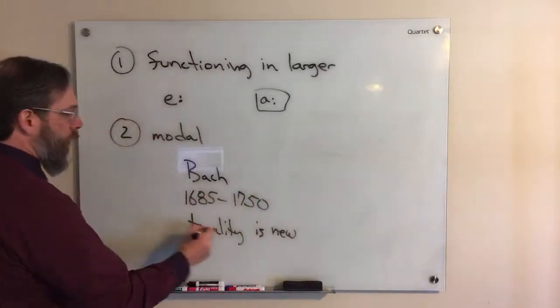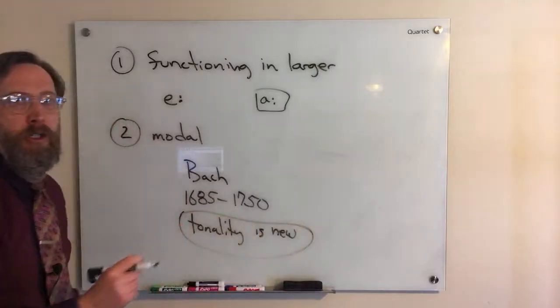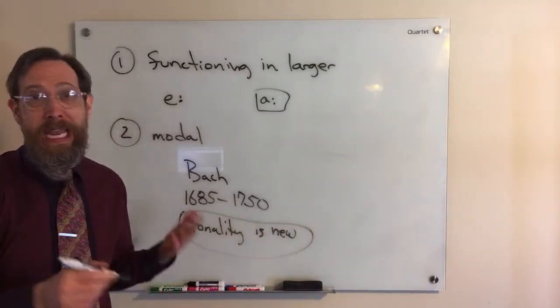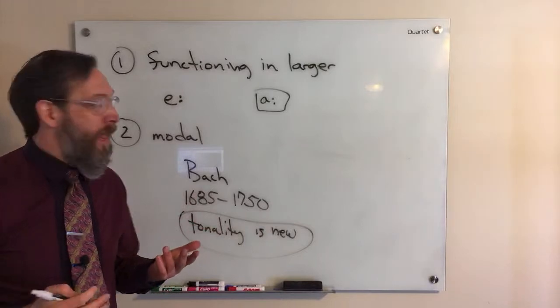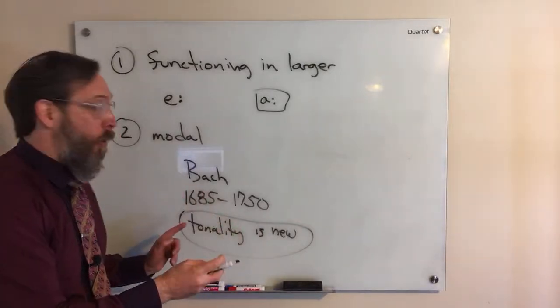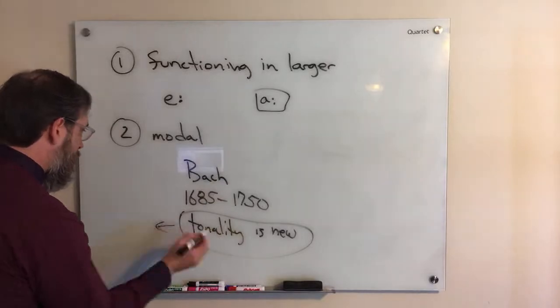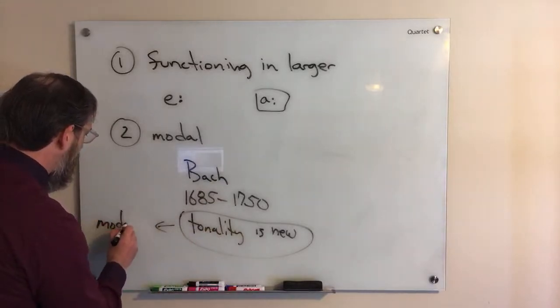It's still new. This whole idea of the major and minor scales that we talk about here is still relatively new. Before this, there was no concept of things functioning.